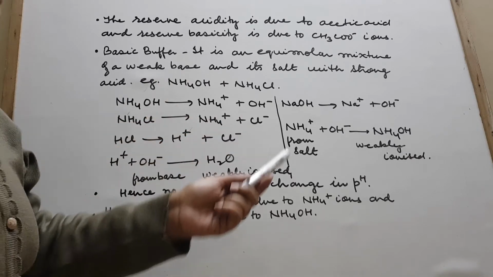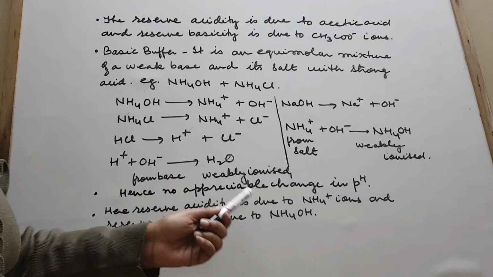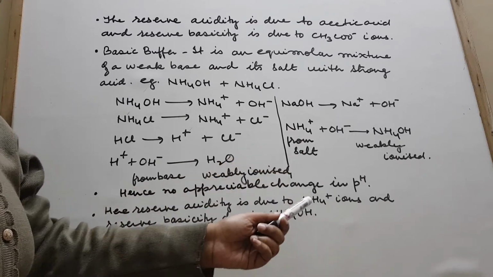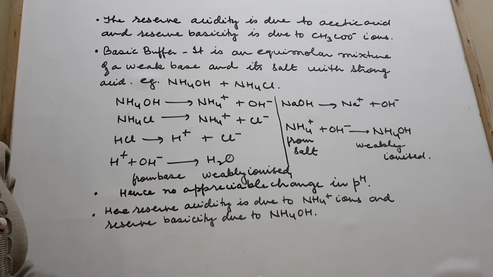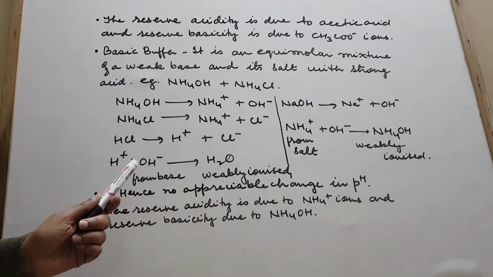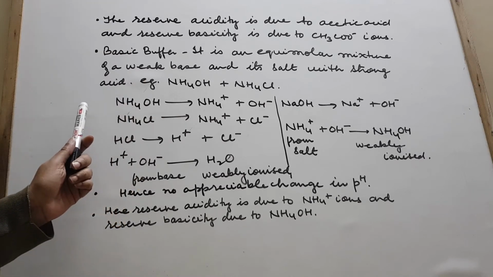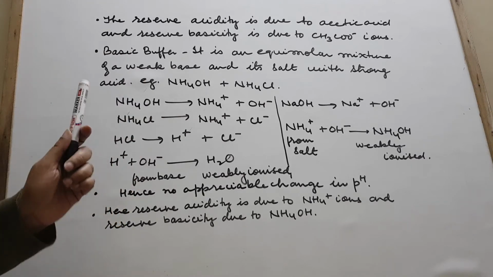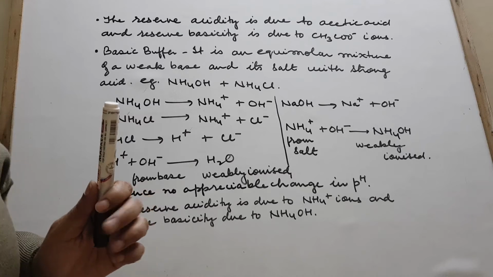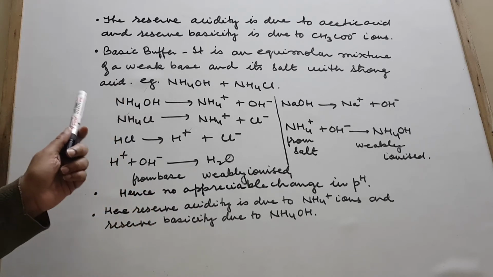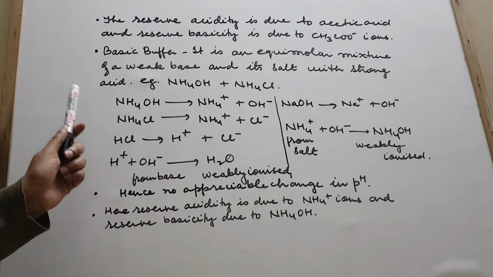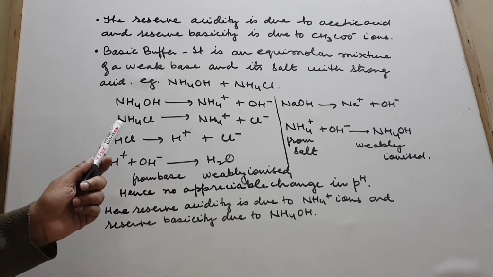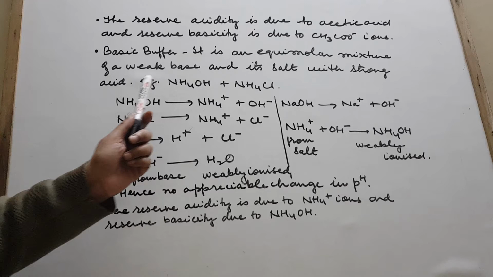So here when I said reserve acidity is due to NH4 plus ions, it means I said salt, and reserve basicity is due to NH4OH. Here reserve acidity is due to NH4Cl, and reserve basicity is due to NH4OH.